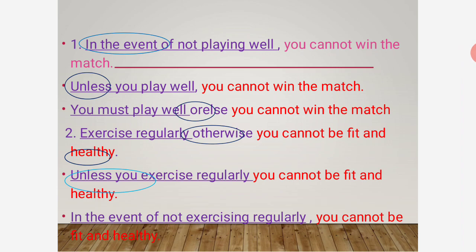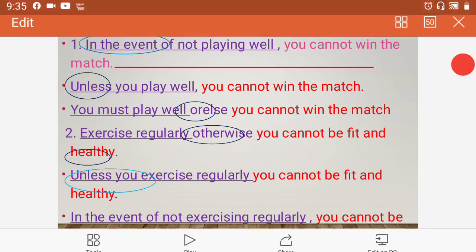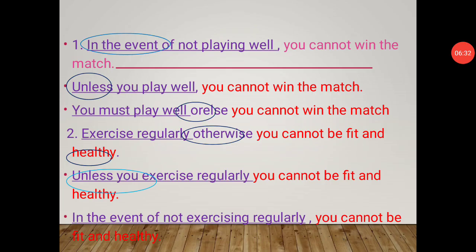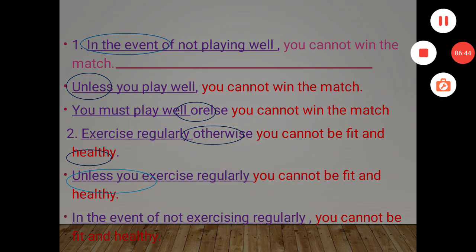Okay, look at the third sentence. The second sentence is a complex sentence: unless you exercise regularly, you cannot be fit and healthy.